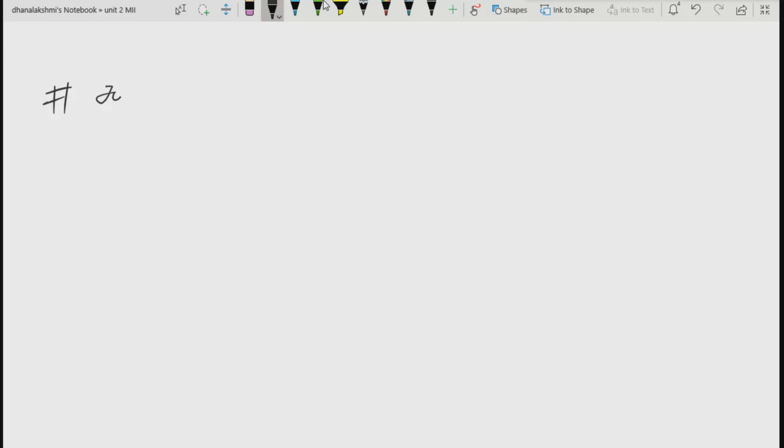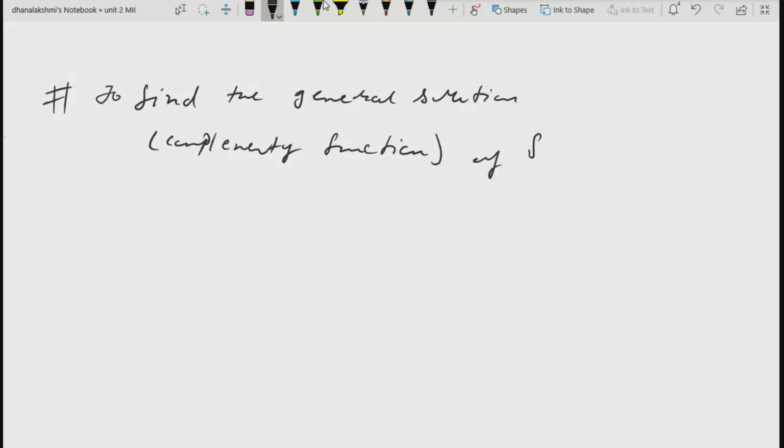So now you have to find the general solution, or you can say the complementary function, of f(D) y = 0.